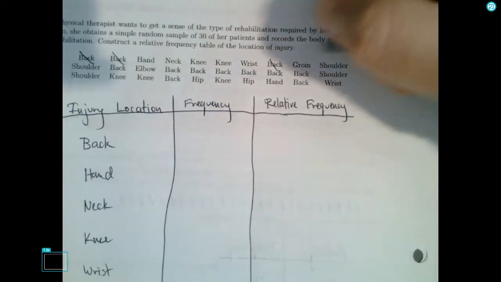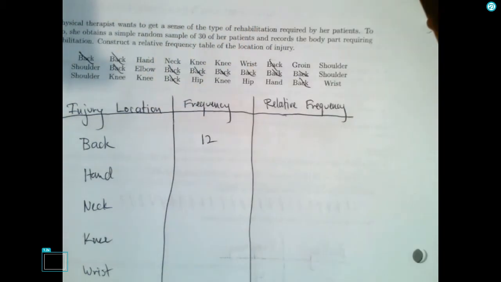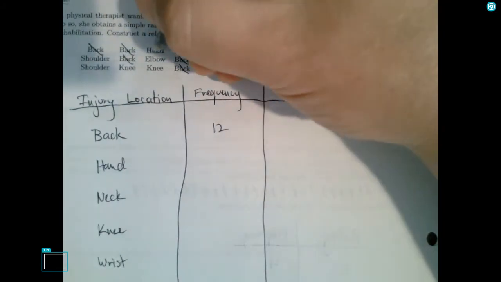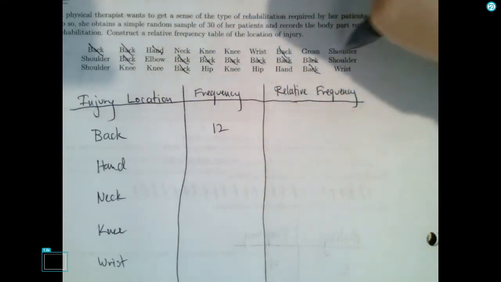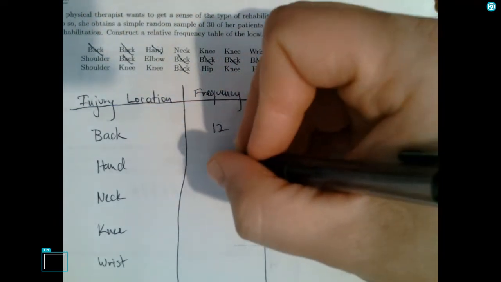But let's go and count these up now. How many people had back injuries? Looks like we had 1, 2, 3, 4, 5, 6, 7, 8, 9, 10, 11, 12. So it looks like 12 back injuries. How many people had hand injuries? That looks like 1, 2, just 2 people.